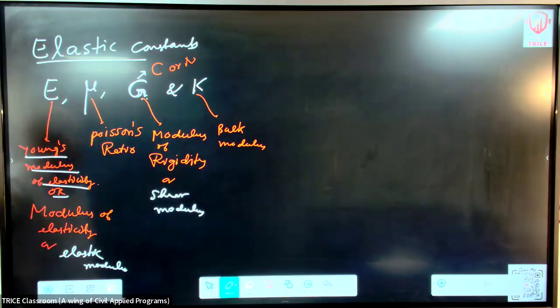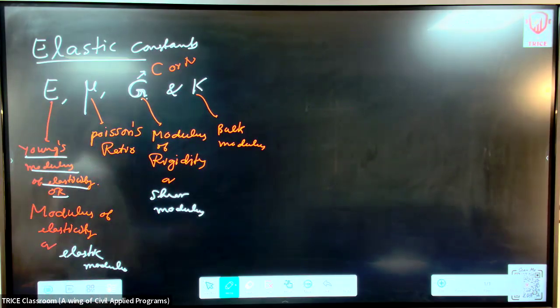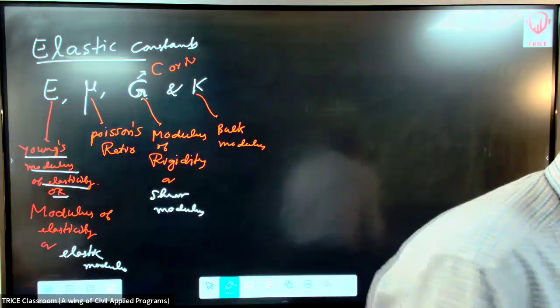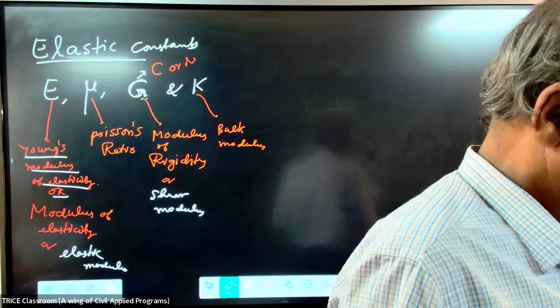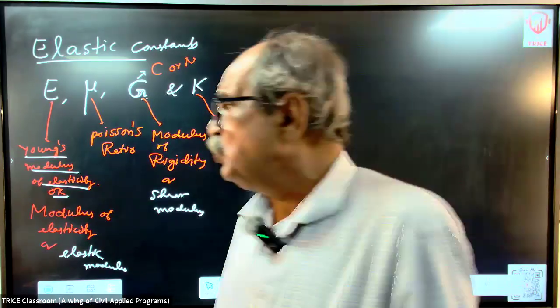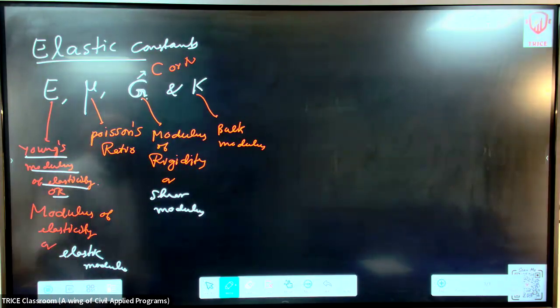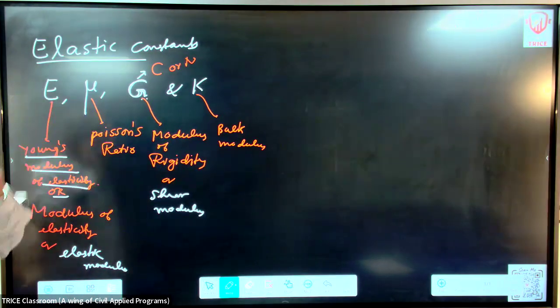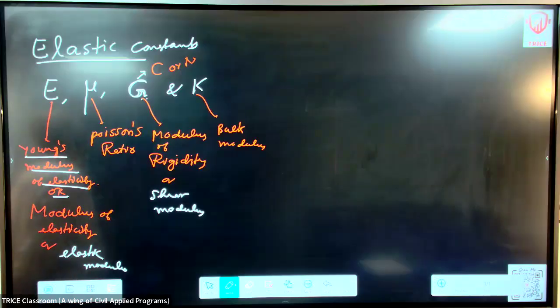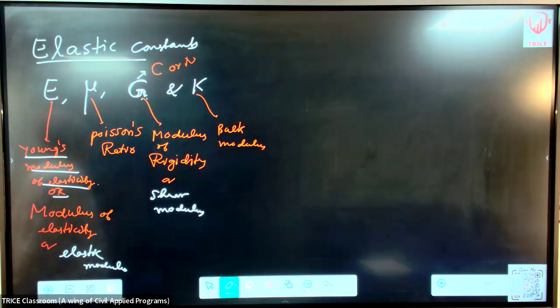Because in the printed matter, one question is given as E equal to 2N. If they write E equal to 2N, they are telling E equal to 2G into 1 plus mu. These are the 4 elastic constants.